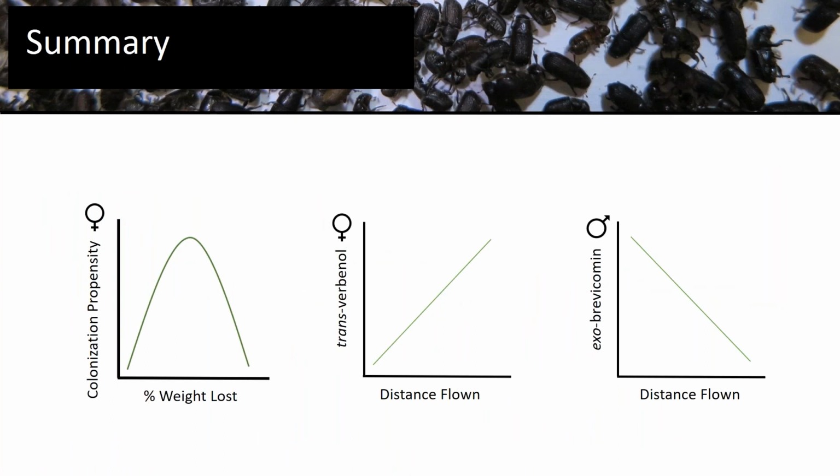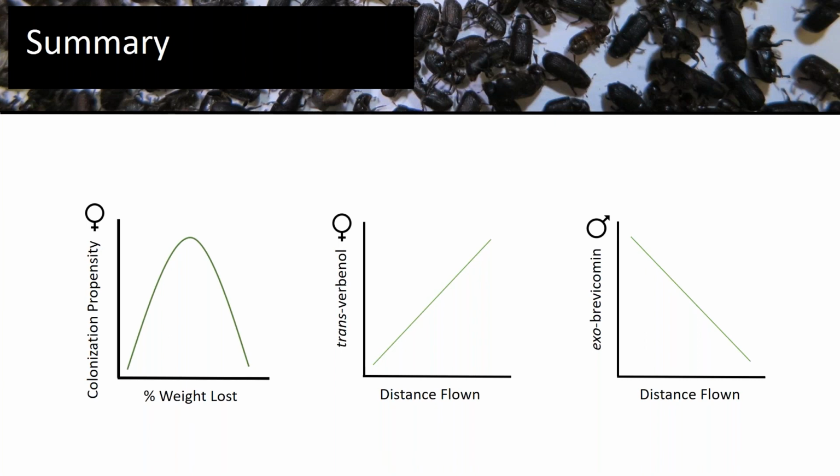So, in summary for this part of her work, Kelsey showed that host colonization post-flight is driven by energy use, which supports these previous findings on beetle condition. Beetles that lost the most weight during flight did not enter hosts.